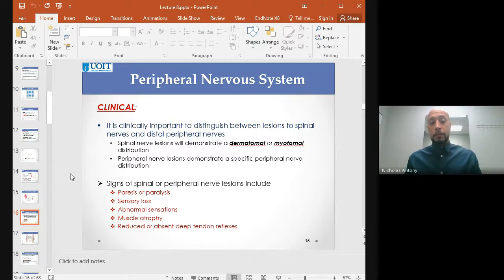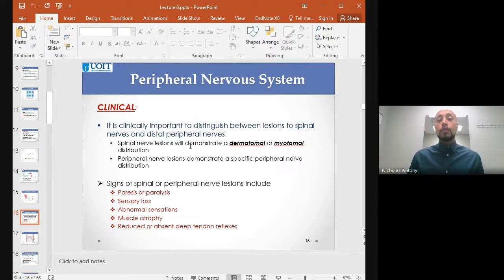The point of this slide is that peripheral nerves are mixed, so we're going to have both sensory and motor issues. That would include paresis or paralysis, weakness or inability to use a muscle, sensory loss, and abnormal sensations. When the muscle is denervated, we get muscle atrophy, and we would also lose our reflexes because the connection with the spinal cord would be lost.